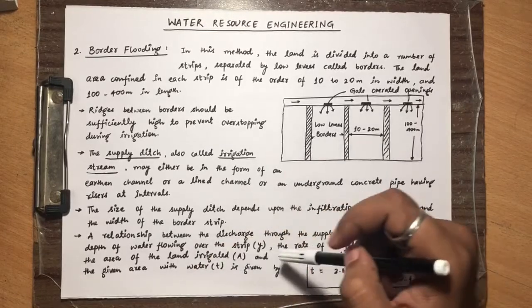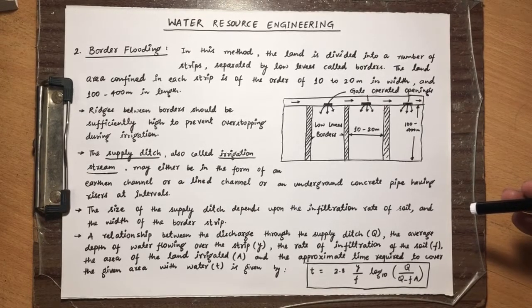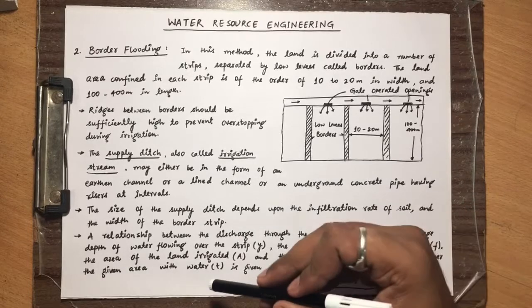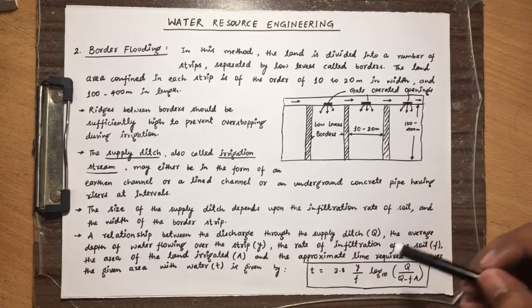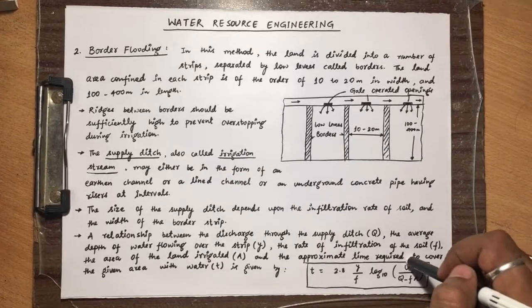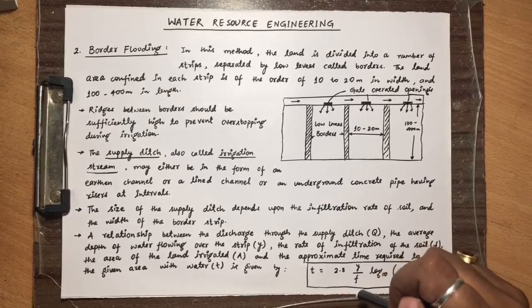A relationship between the discharge through the supply ditch, the average depth of water flowing over the strip, the rate of infiltration of the soil, the area of the land irrigated, and the approximate time required to cover the given area with water, that is time t, is given by this. So we can estimate the time at a rate q for depth y, where f is the infiltration rate of soil.